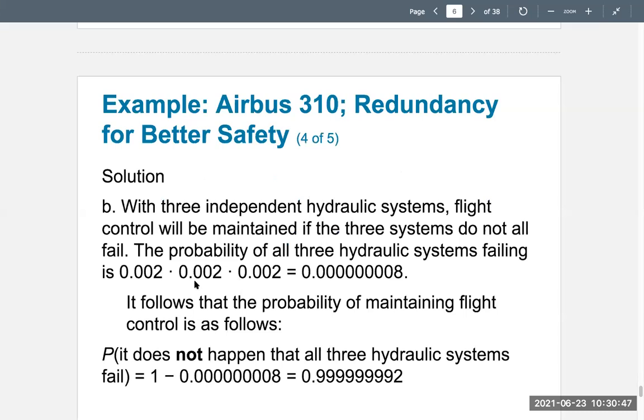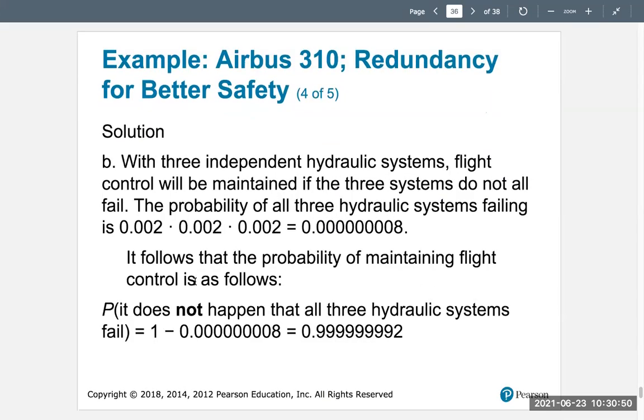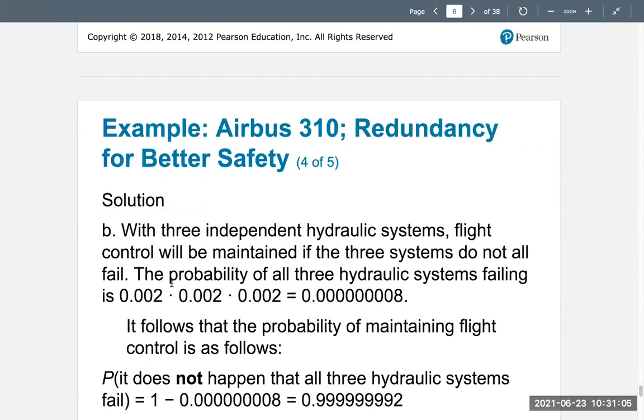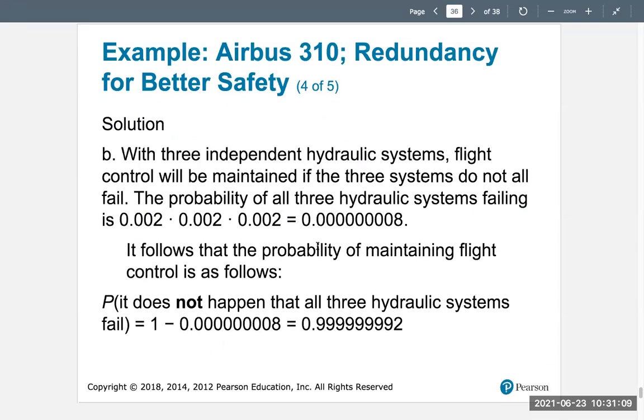So you could multiply 0.998 times 0.998 times 0.998, or multiply the failure 3 times and subtract from 1. For either of the two, you should get the same answer. So it's multiplication of all 3. Either you multiply all failure and subtract from 1, or working 0.998, 0.998, 0.998.